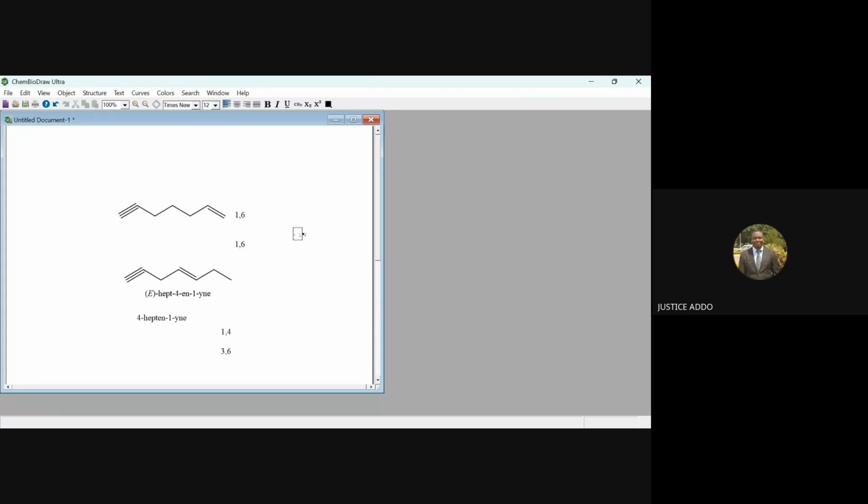So you see, you are getting the same numbering system: 1, 6, 1, 6. This particular situation is what IUPAC is saying is a special case. So in a special case like this, even though the compound is an alkyne, number from right so that you give the least number to the double bond, even though you are naming it as an alkyne.